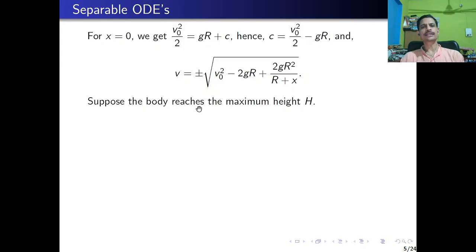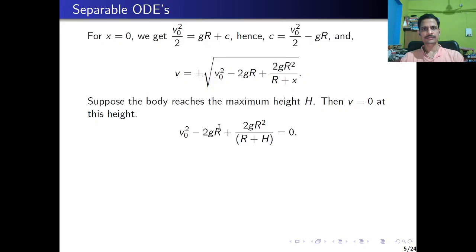Now we are interested in the maximum height that the projectile reaches when it is released from the surface of the earth with a velocity v0. So when x is equal to h, the velocity will be 0, because at the maximum height the velocity of the projectile is 0. So we substitute v on the left hand side to be equal to 0. So we can ignore this square root now.